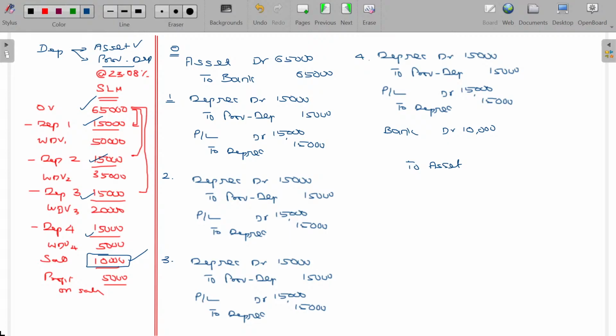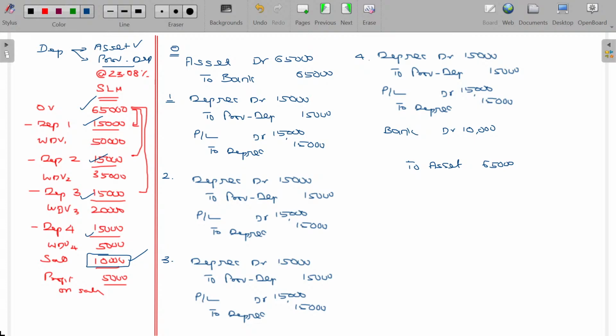65,000. The asset value will be always at original value. The amount of depreciation created every year is not subtracted from the asset's value, but it is accumulated in a new account called provision for depreciation.